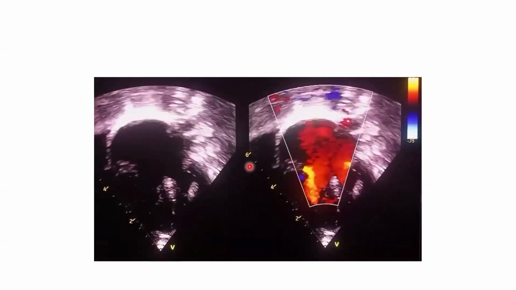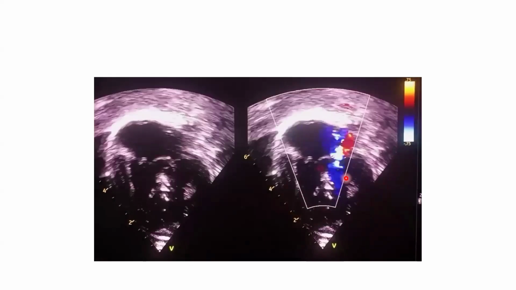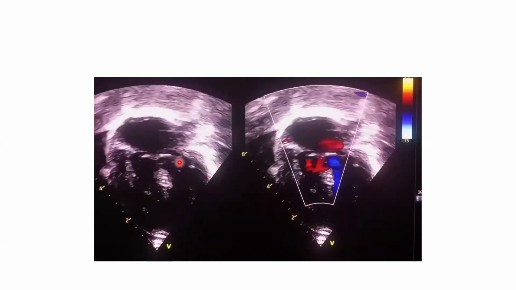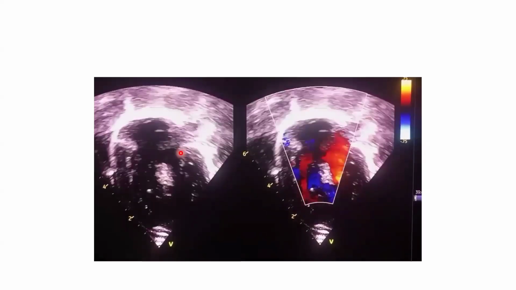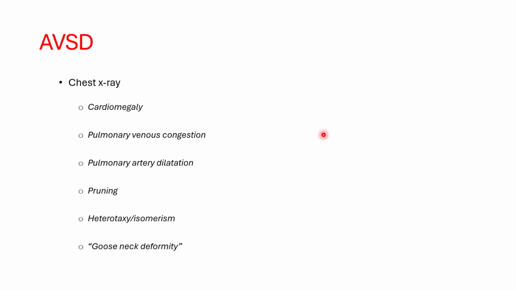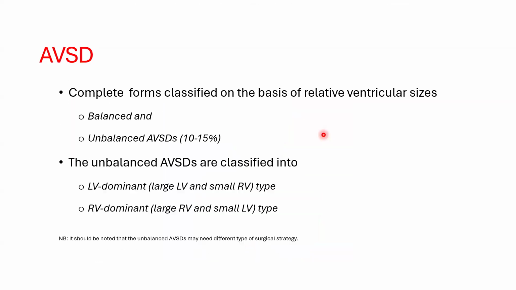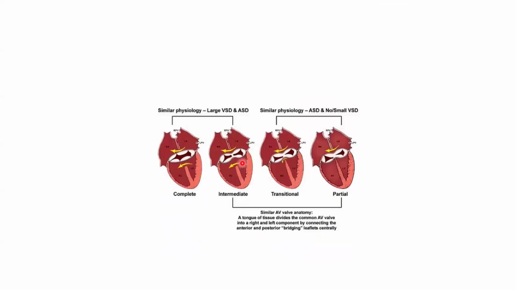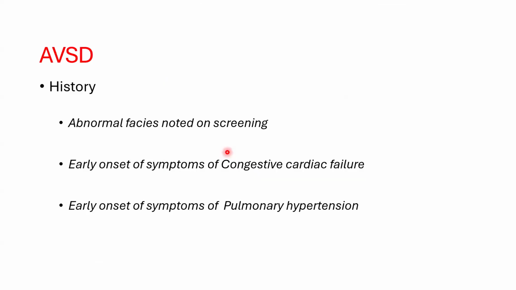So this is what sometimes you would call, if you go back to the classification, in this case, if you look carefully, there are actually two distinct AV valves. And you can see that from the two jets that are here. So if you go back to the classification we had, that would be an intermediate form, where you have two AV valves.